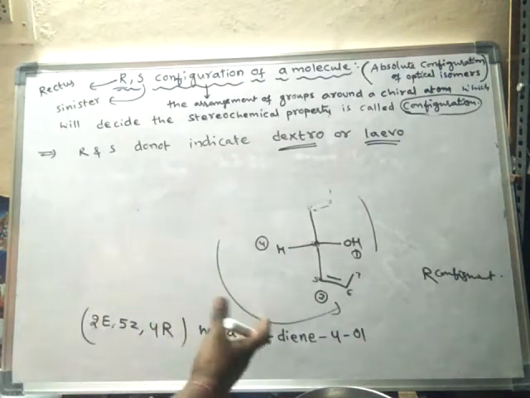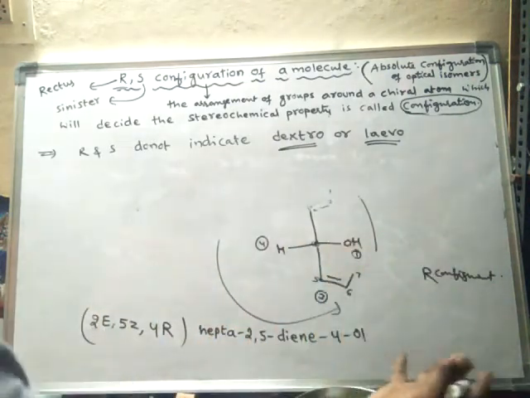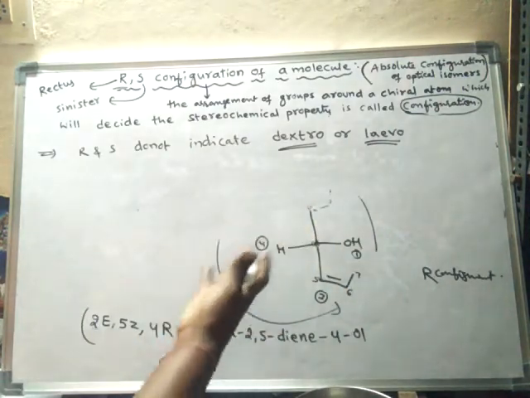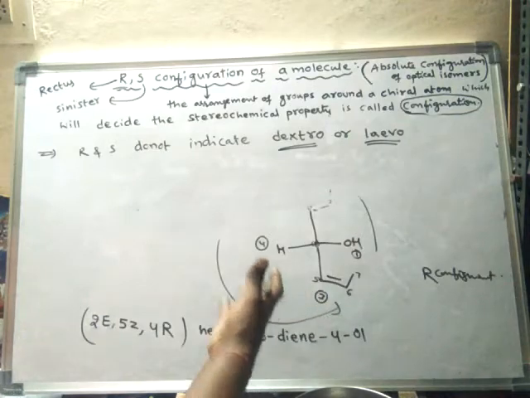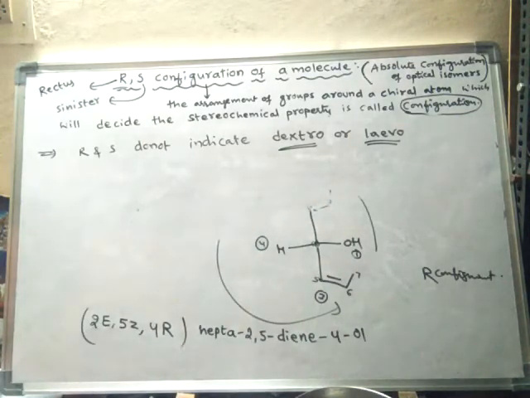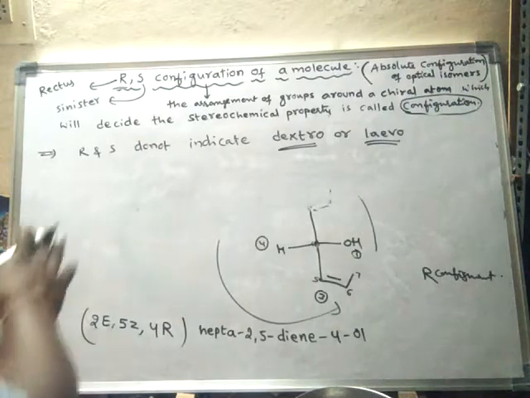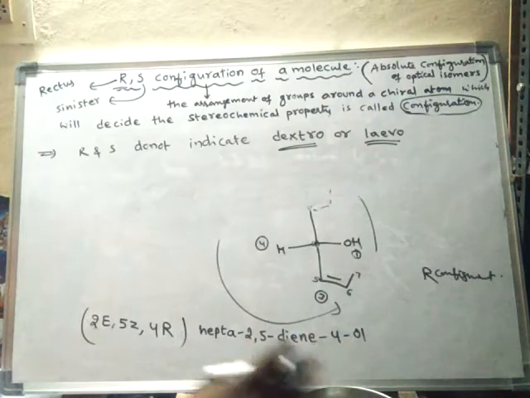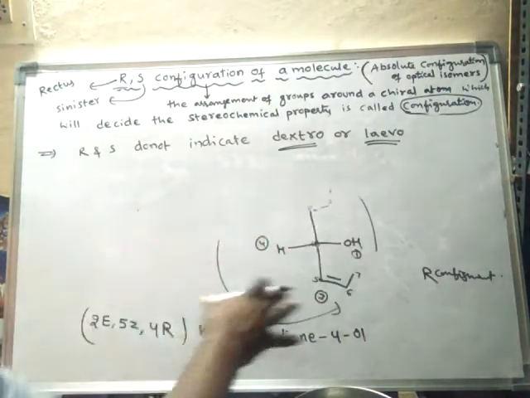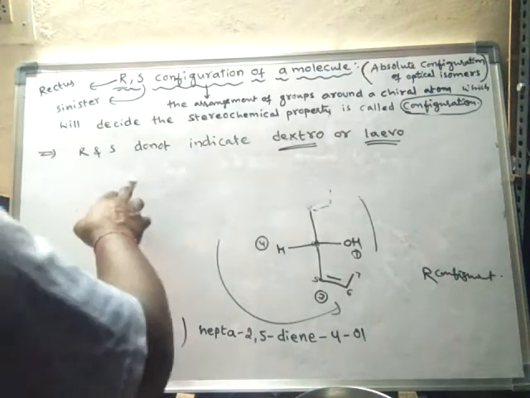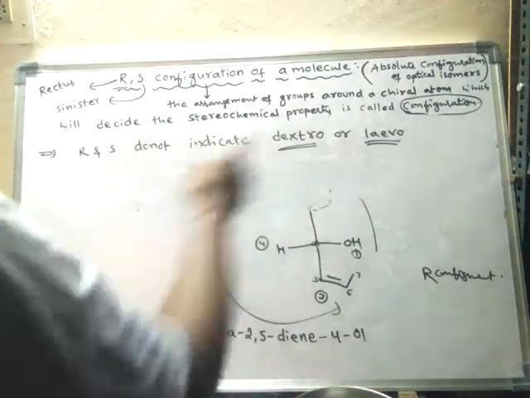But here we are giving R and S. We are writing whether this configuration is R configuration or S configuration just by looking into the molecule only. It is not an experimentally given thing. Hence R and S do not indicate dextro or levo.